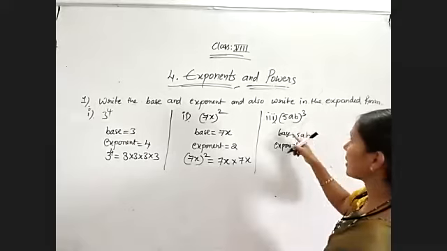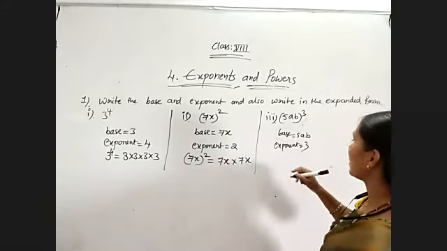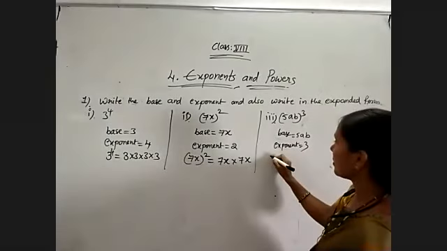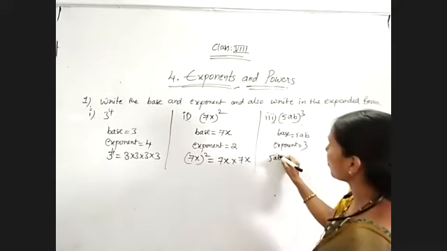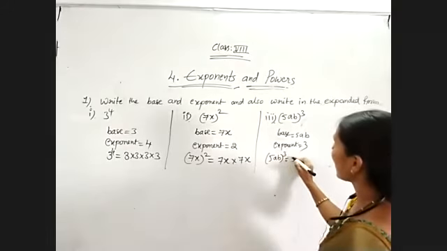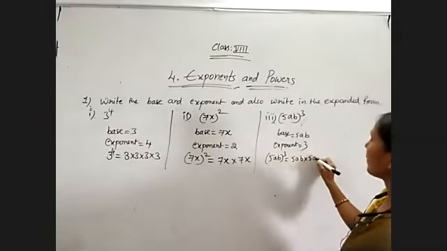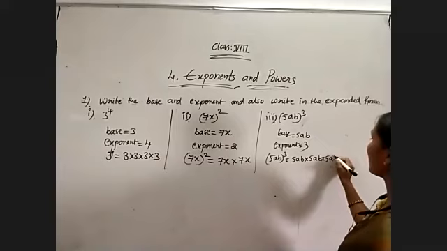So cube, that's why I am saying 5ab whole cube. Now in product form, 5ab whole cube is equal to 5ab into 5ab into 5ab.